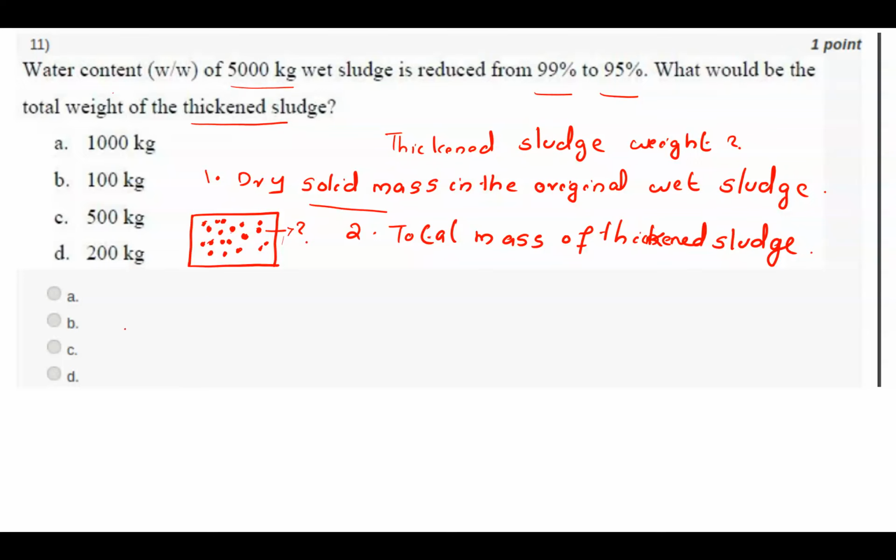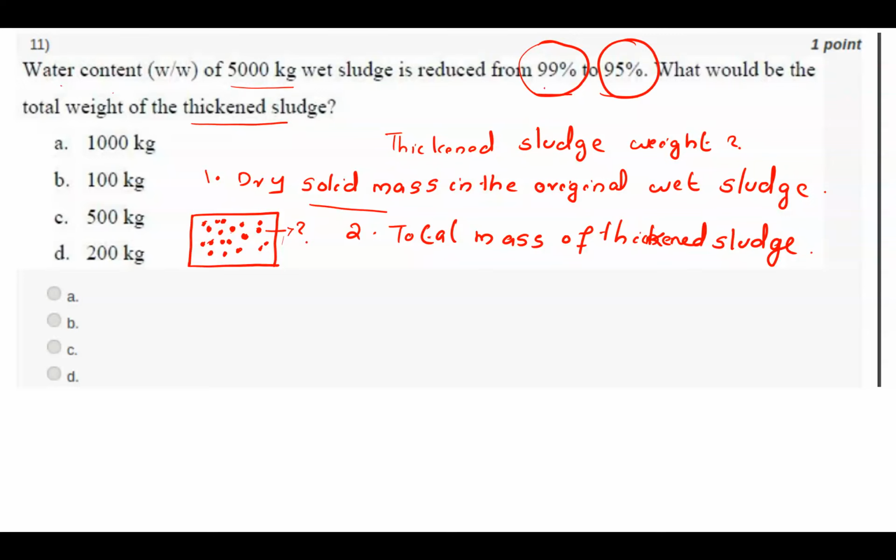So first of all, what is the condition given? Here it is given that the wet sludge of 5000 kg is reduced from 99 percent to 95 percent. You can see from this that this is initial and this is final.